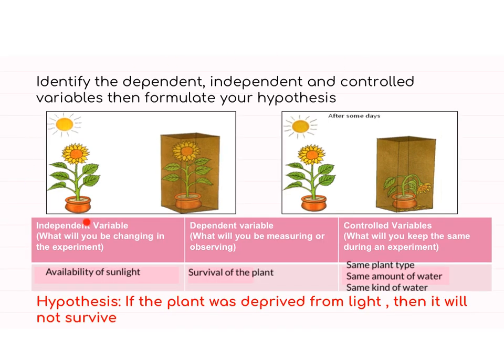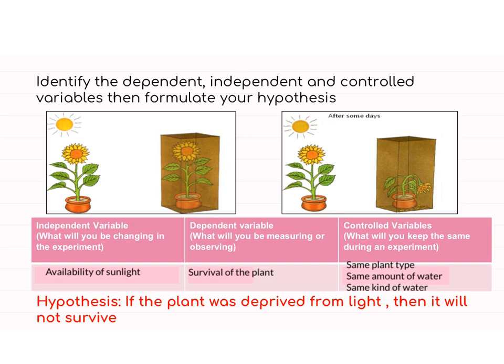So, in this given experiment, if you observe carefully, we have two plants. One of them was exposed directly to the sunlight, and one of them was kept in a given opaque box, which means that this plant was deprived from the sunlight.